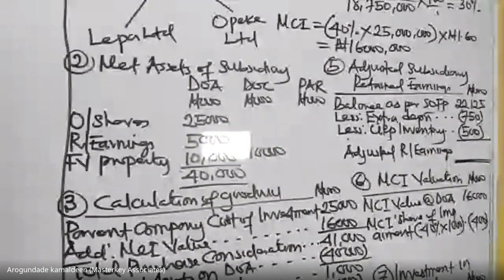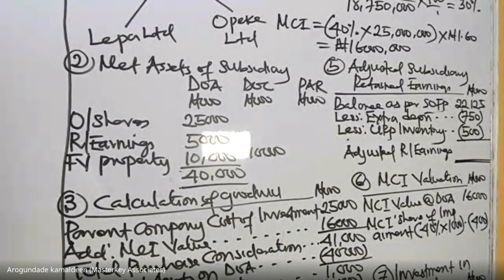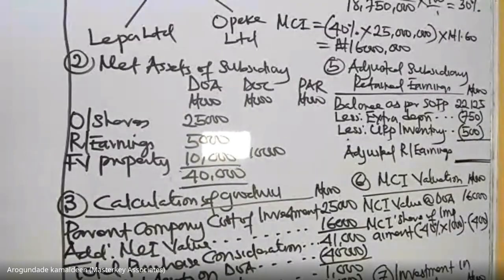That will be 20,875. No, it will be 2,875. Please, class, let me check it too. 2,875. Okay.